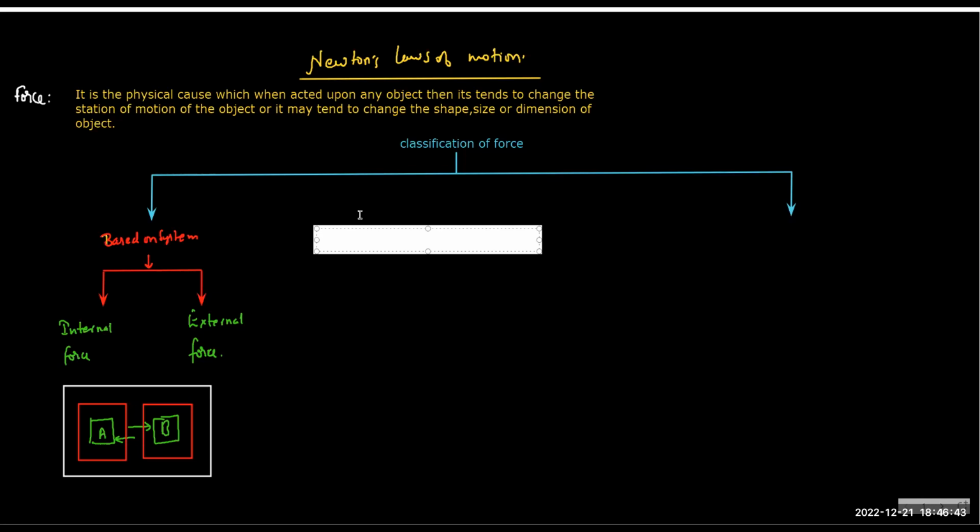So we assume one block or one moving object as one system and analyze its motion. Then we go to another block, assume that as a system, analyze its own motion, and then make some inferences. It is a common practice to make a small system so that the observation can be made in a better way.